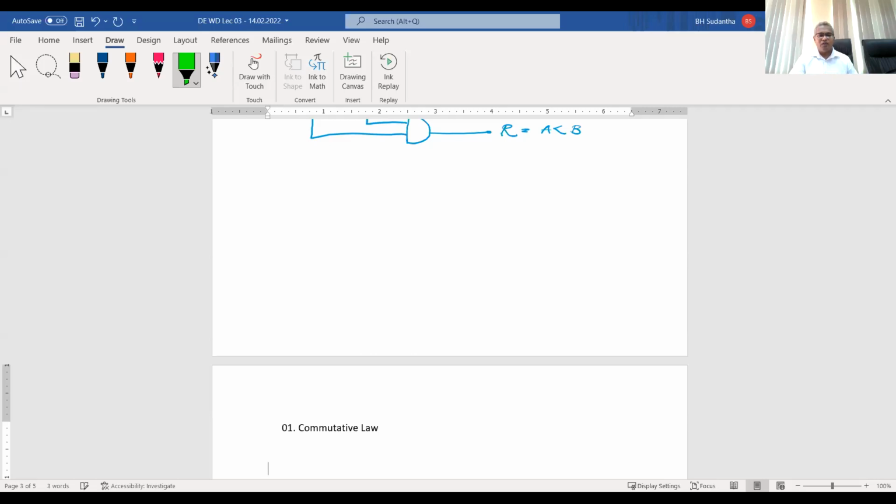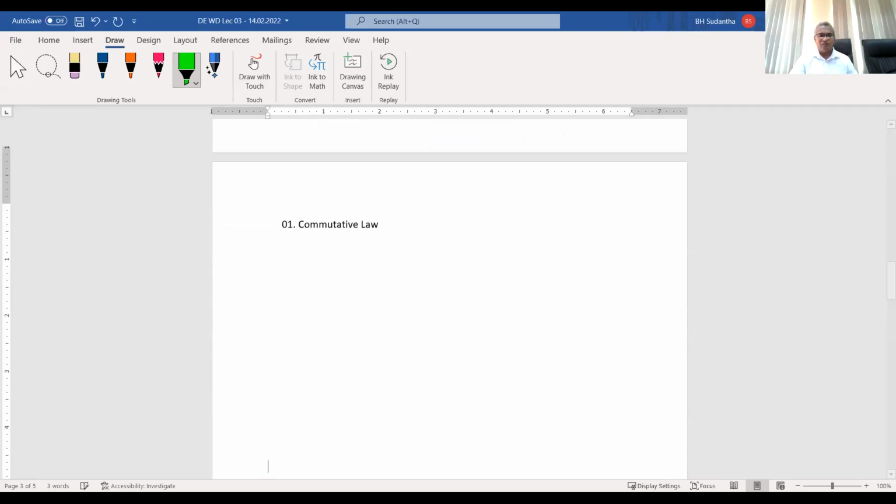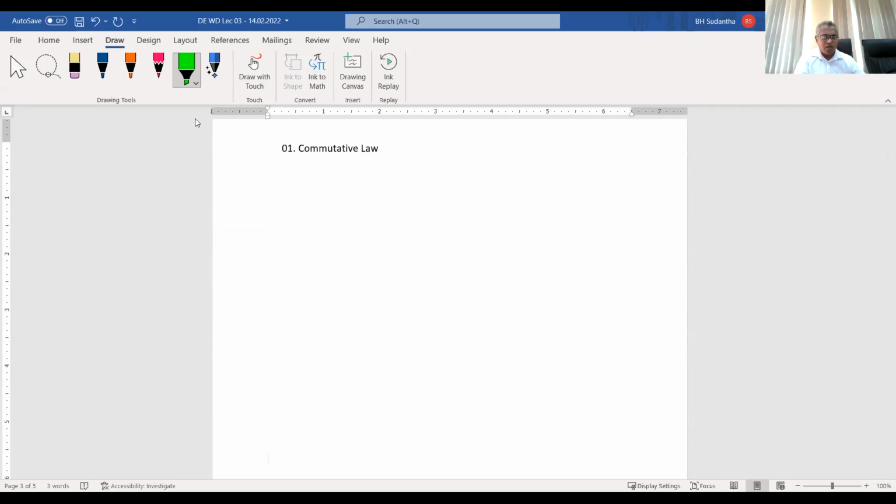This commutative law has 2 parts. The first part says A OR B equals B OR A.